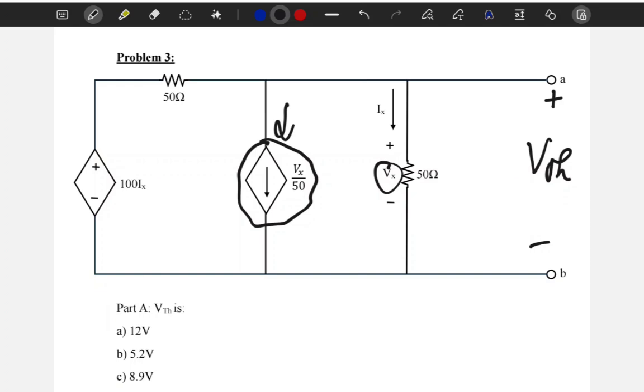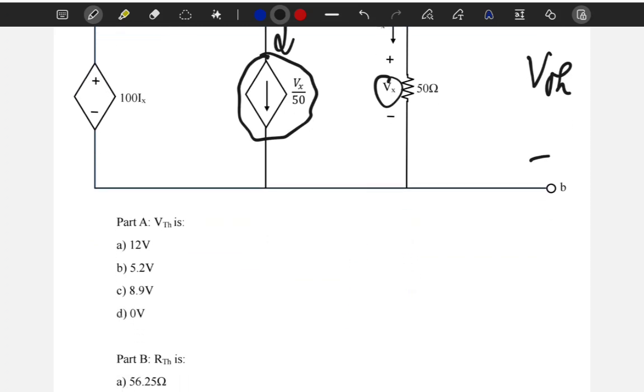So if you don't have an independent source in here, basically there's no energy in the circuit. There's nothing to supply energy to the circuit. So Thevenin is 0. I don't have an independent source to supply me energy without depending on another variable in the circuit. So immediately Thevenin is equal to 0. This I can guess immediately.